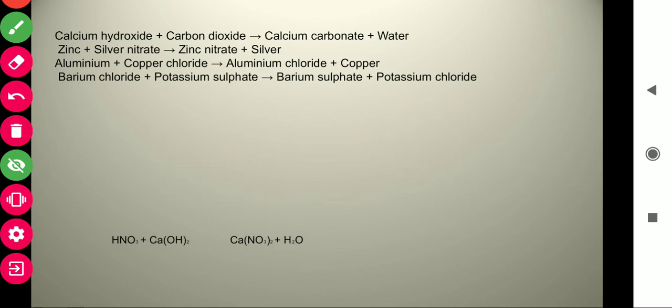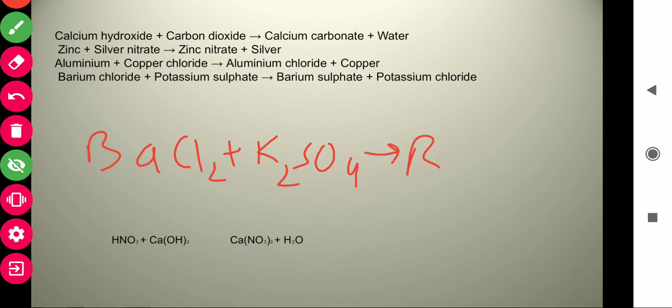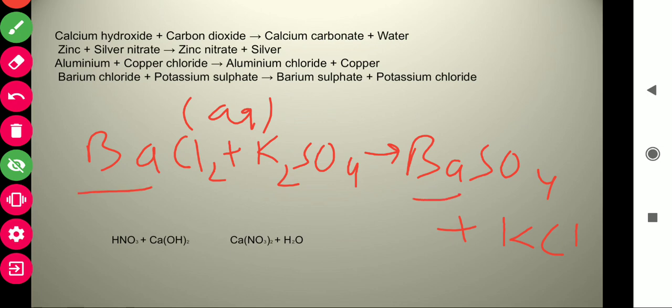Next one, barium chloride, BaCl2, plus K2SO4 gives BaSO4 plus KCl. This is aqueous. This is also aqueous. We will write aq. Aqueous means solution in water. Now Ba is balanced, SO4, sulfur is balanced, oxygen is balanced, and the point is chlorine is not balanced.